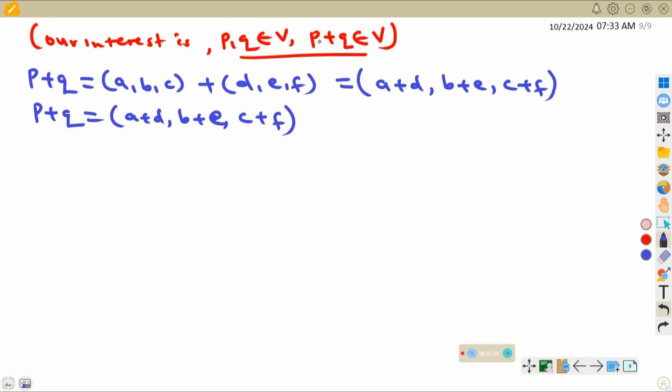So in order to show that P plus Q is an element of V, what do we need to show? Let me put it here so you can know what we are interested in.